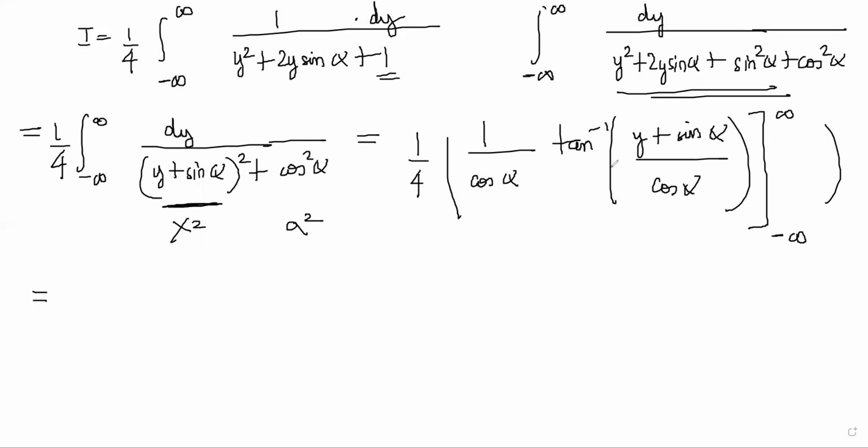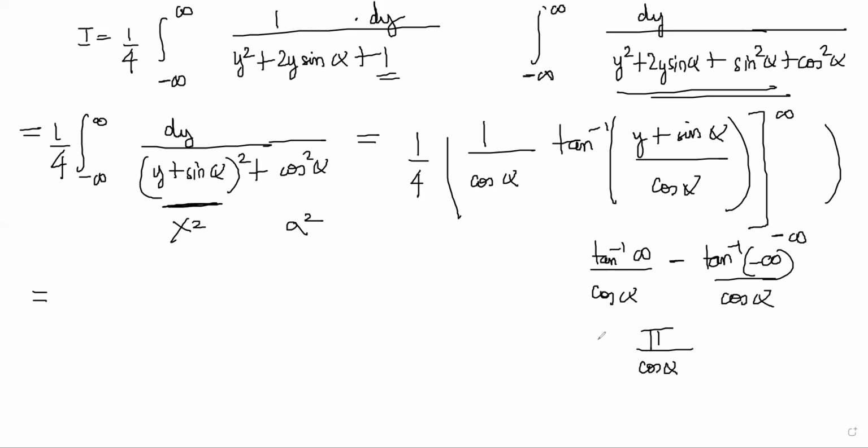So now what we get here is, when y tends to infinity, tan inverse infinity by cos alpha minus tan inverse minus infinity by cos alpha, right? Great. So what we get here is pi by 2 minus minus pi by 2. So pi by cos alpha, and outside there is a 1 by 4, right?